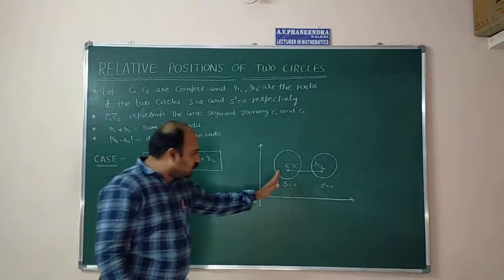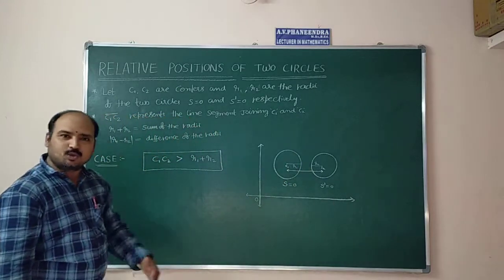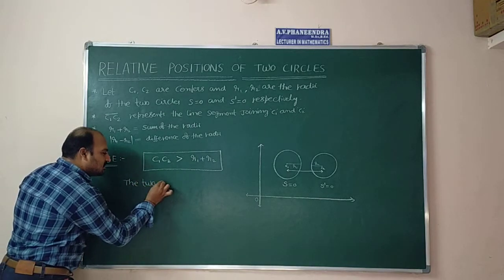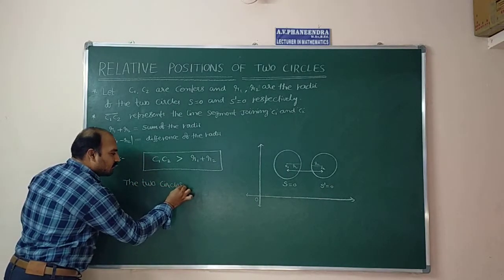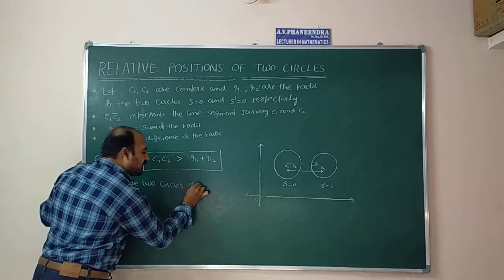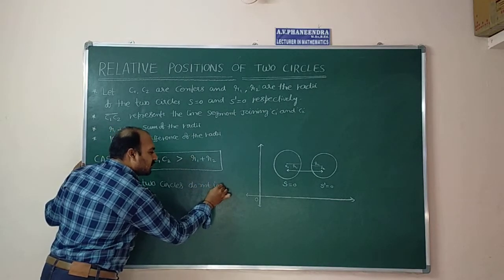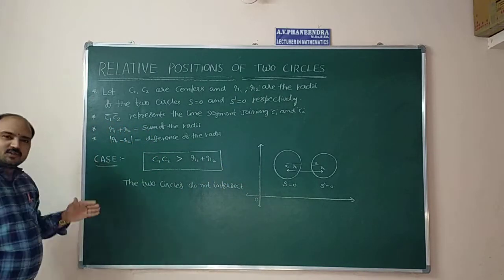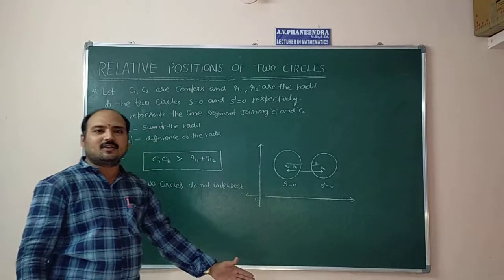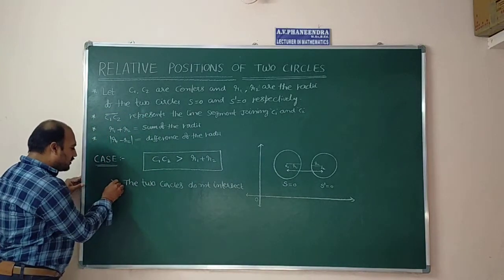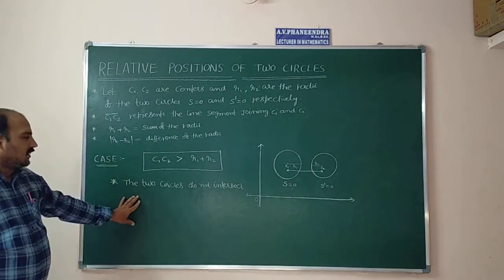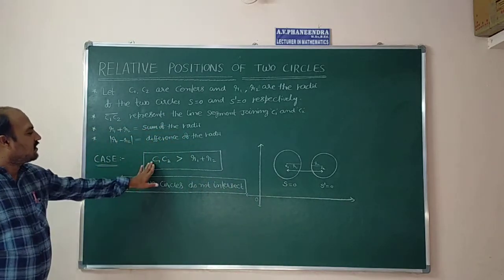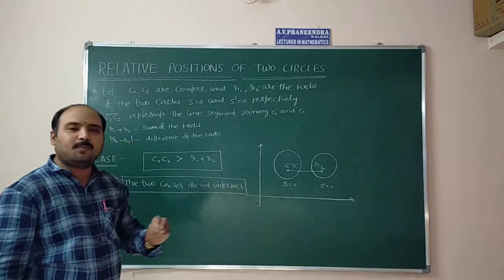Whenever C1C2 is greater than R1 plus R2, the two circles do not intersect. That means one circle is away from the other circle. You should remember that the two circles do not intersect, that is, C1C2 is greater than R1 plus R2.